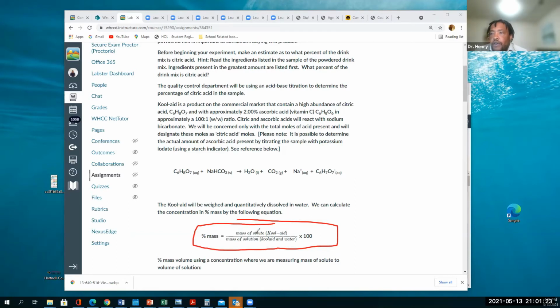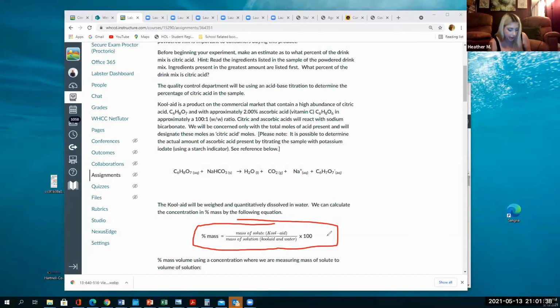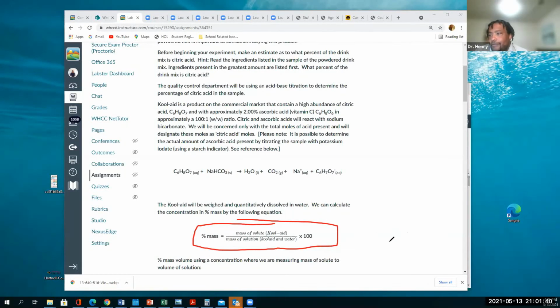It's the mass of the part over the mass of the whole. So in this case, the whole is going to be the Kool-Aid and the water. So we did 2.5 over 100, times 100. That is correct, good job, Christy. So write that on the board right there. Good job. Very proud.